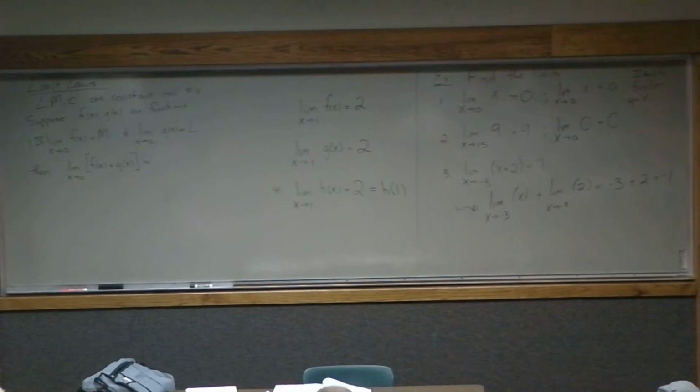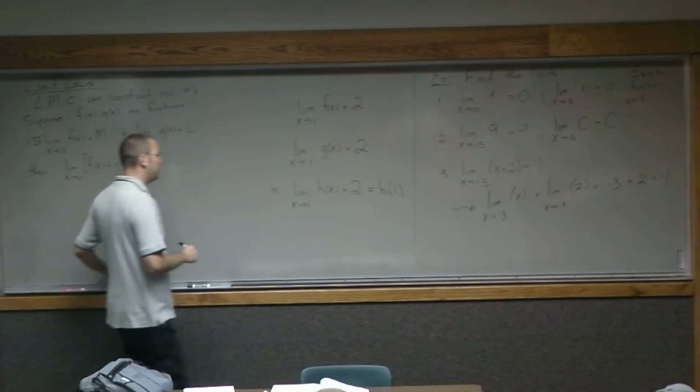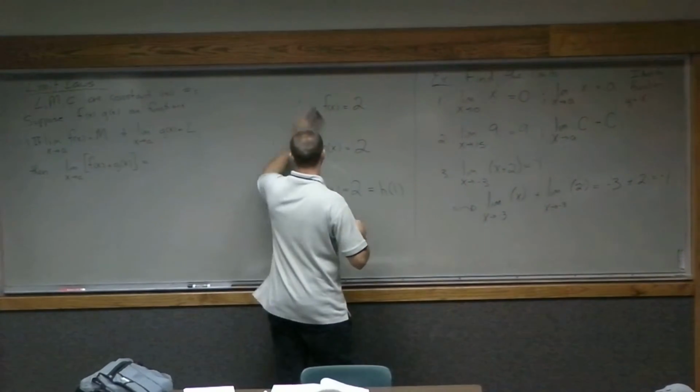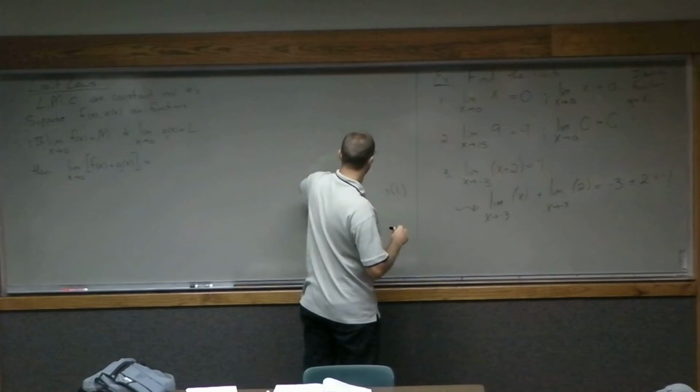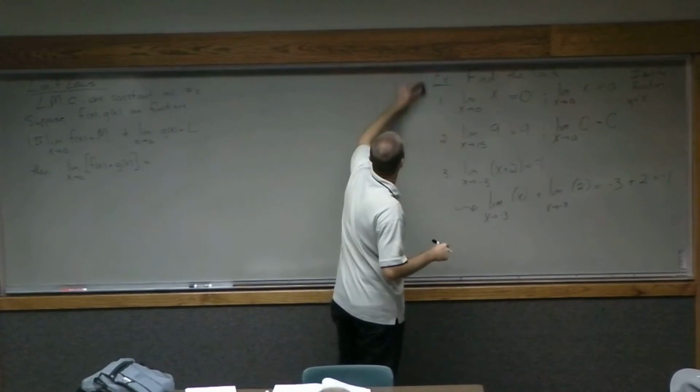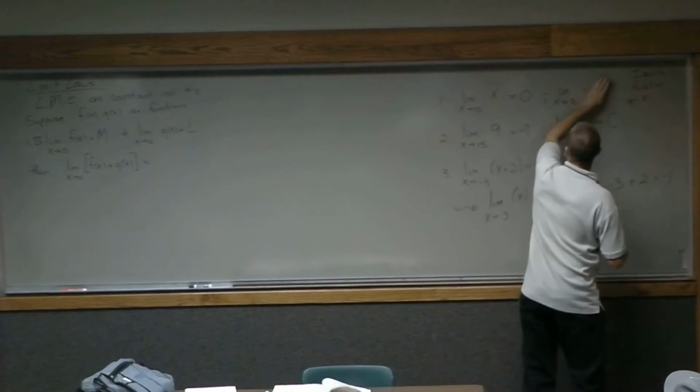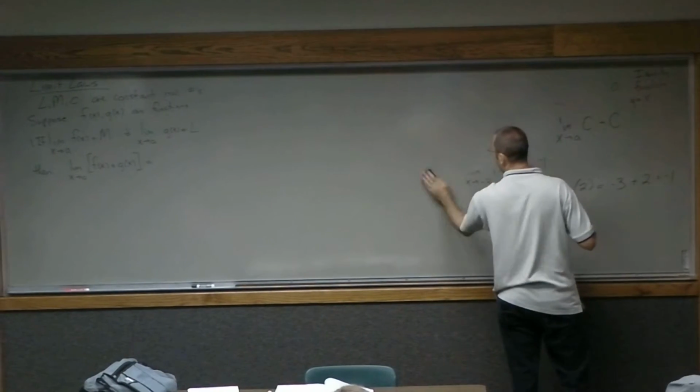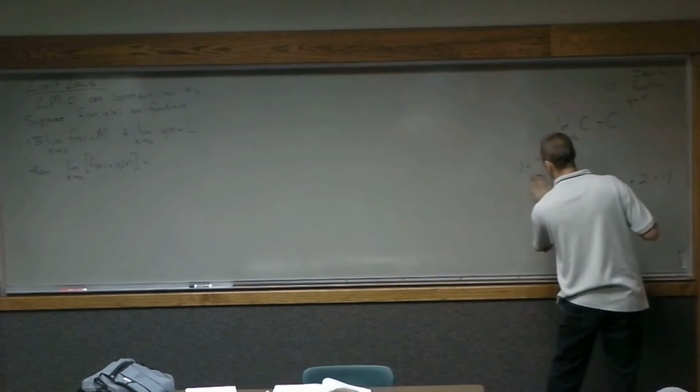I'm adding two functions who, as they approach a fixed value a, both of those functions have limits. If I add the functions before I take the limits, what should the new limit of that sum be equal to? What do you think?